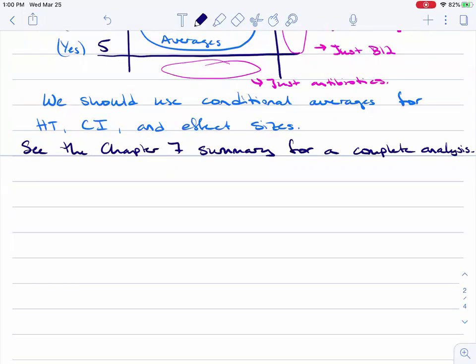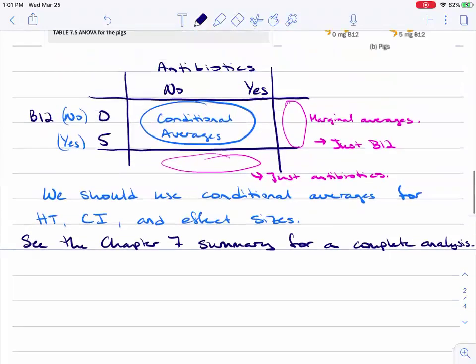Let me just check here. Well, they've got a couple of different ones. They really go through and analyze a bunch of different data sets. It is the pigs data for the chapter summary. So then you can have a look and see. I think it's because the pigs had the most obvious interaction that they use that one. Okay, cool.